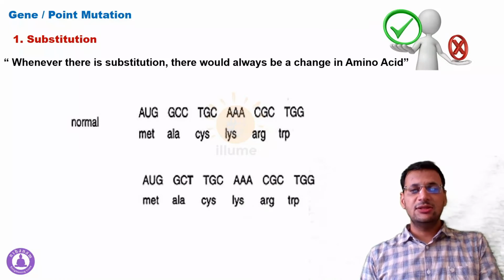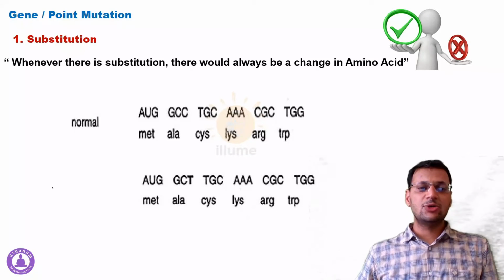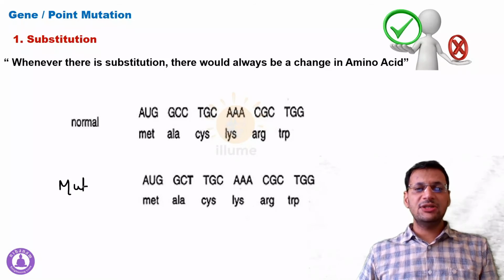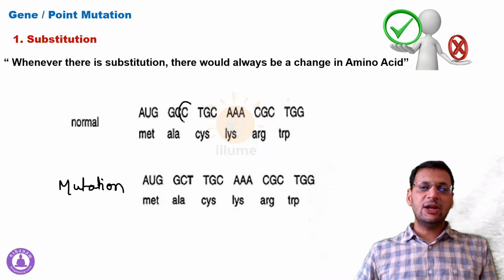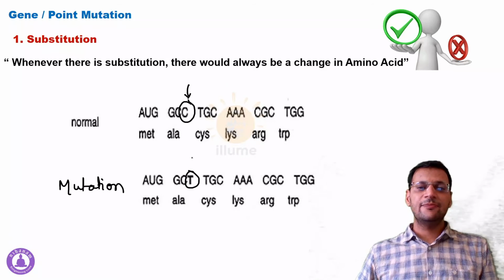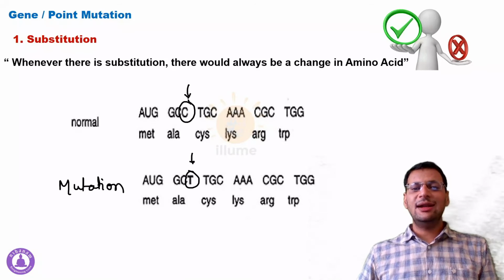Look at this. This is the normal case, and this is the case of mutation. Now what is the difference? The difference is clear on the 6th nitrogenous base. In this case it is C, and in this case it is T. There is no other difference.